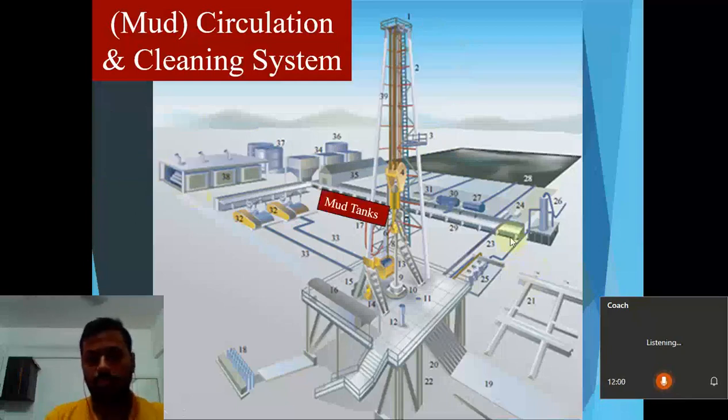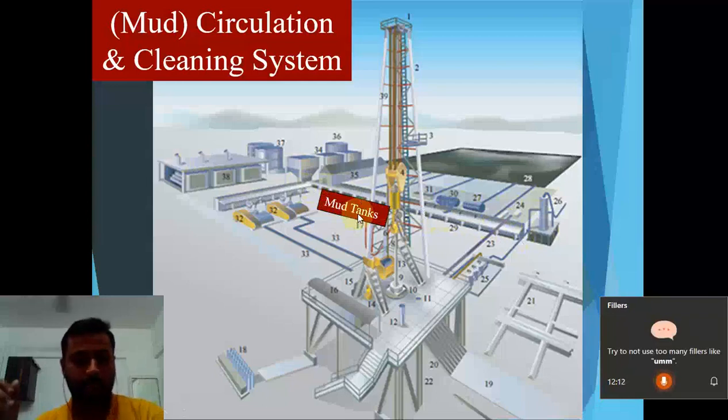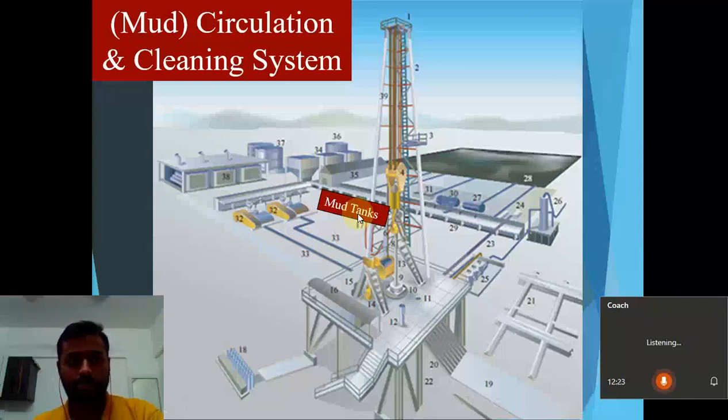Now here you can see the set of mud tanks. The mud will be kept in the mud tanks. They will have an agitator to keep the mud moving so it doesn't form a glue-like structure and solidify.